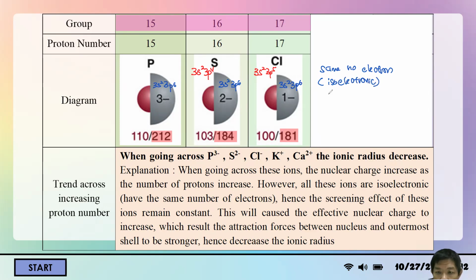When you have the same number of electrons, we say that the screening effect is the same or remains constant. As you can see, as the proton number increases, the nuclear charge increases, while the screening effect remains almost constant. Therefore, the effective nuclear charge will also increase.